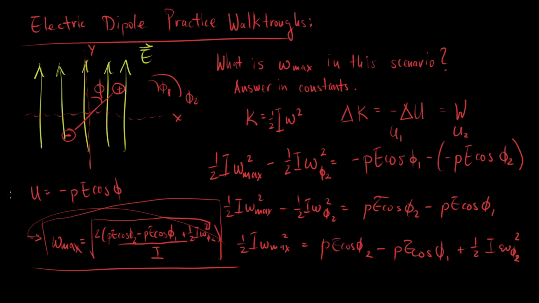So again, potential energy is negative PE cosine theta, and the kinetic energy is equal to negative change in potential energy. So the smaller angle first, right, because there'll be less potential energy there when kinetic energy is at a maximum, and then it'll be negative PE cosine phi 1 minus negative PE cosine phi 2.